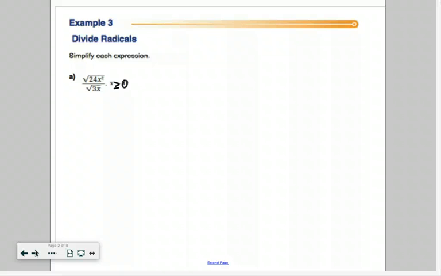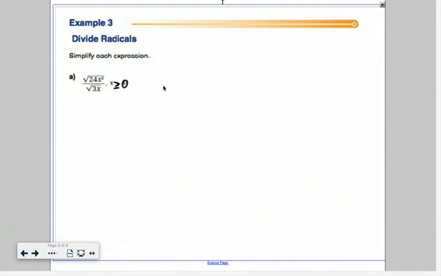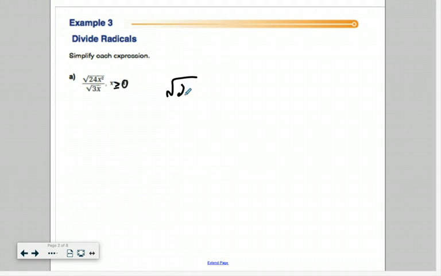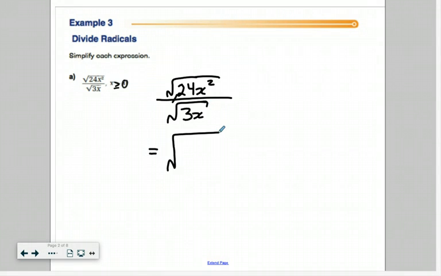So what I'm dealing with here is this square root of 24x squared divided by the square root of 3x. Because the index is the same, they're both square roots, I can put that under a single square root. So I can rewrite that as the square root of 24x squared over 3x. Okay, so it can all go under one big square root.